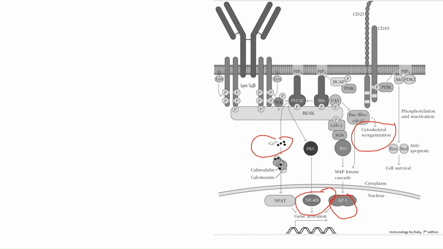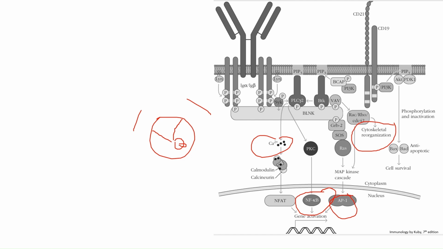Say, if this is the cell and cytokines are present here, then for release at this particular location, the cytokine-filled vesicle has to move up to here. This is done by cytoskeleton reorganization.